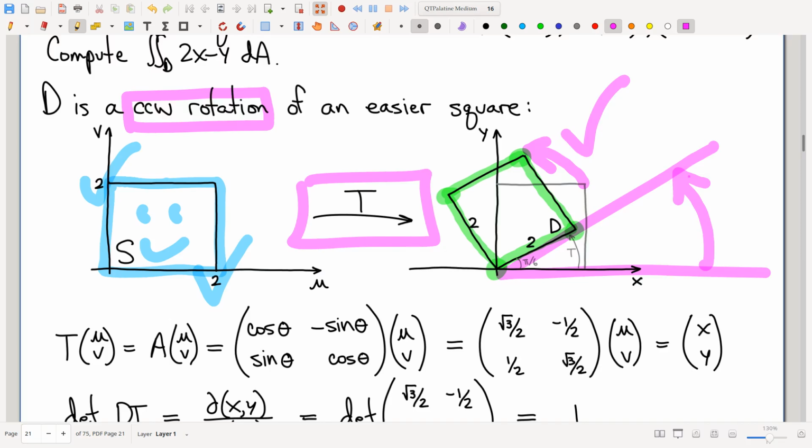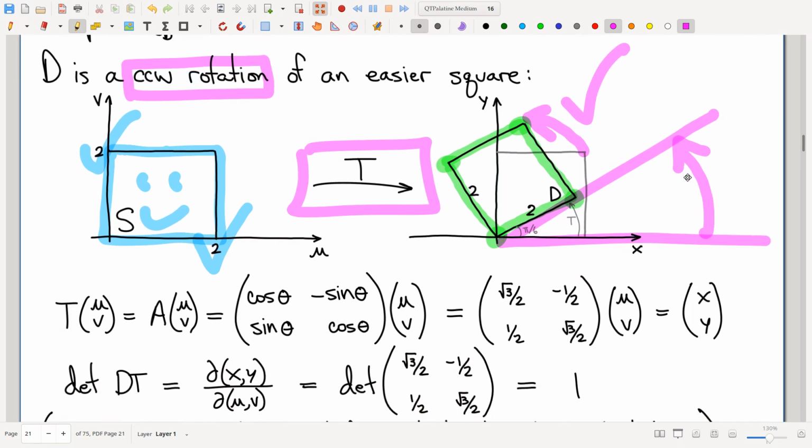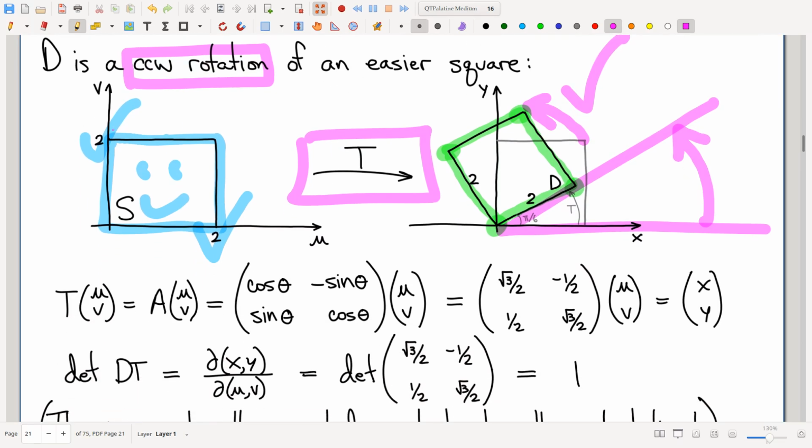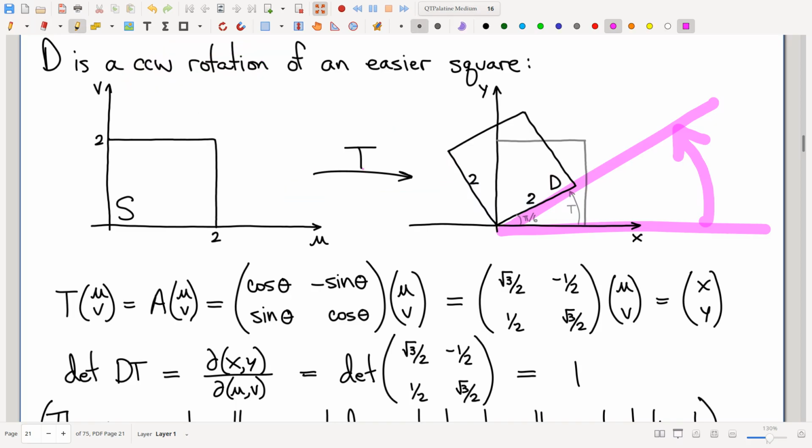Persuade yourself that angle's pi over 6. And again, that's just a little bit of geometry, a little bit of trig, looking at these points. So pi over 6. Again, make sure you're good with that. And so, okay, no problem. Rotating by pi over 6. Let's again clear out the mess that we no longer need. How do I rotate by an angle of pi over 6? Well, that's a little linear algebra problem.